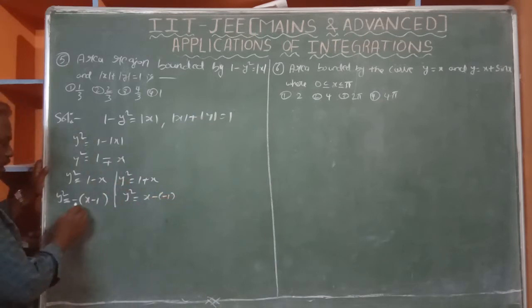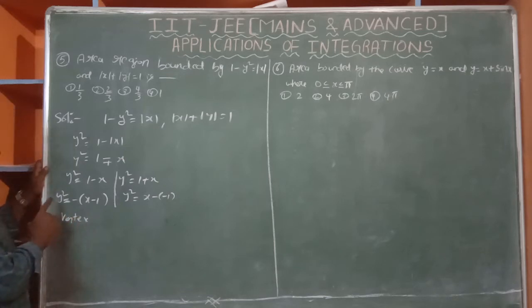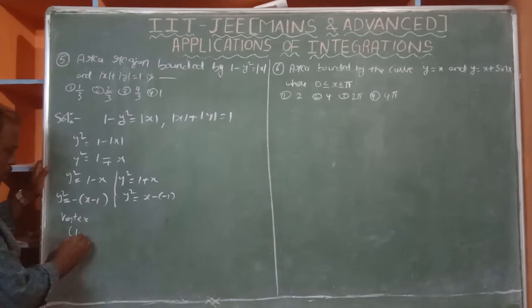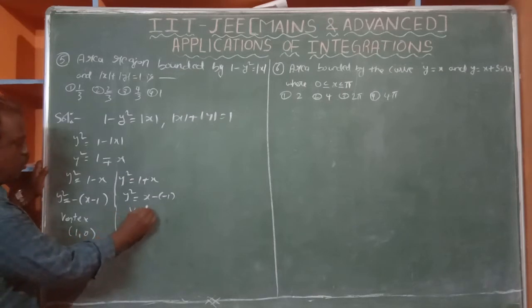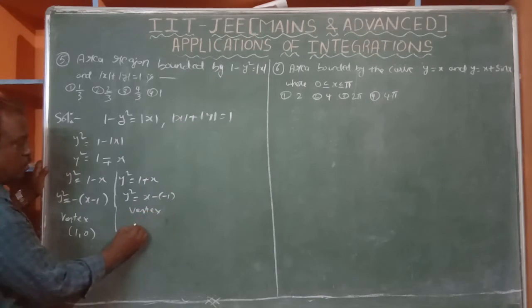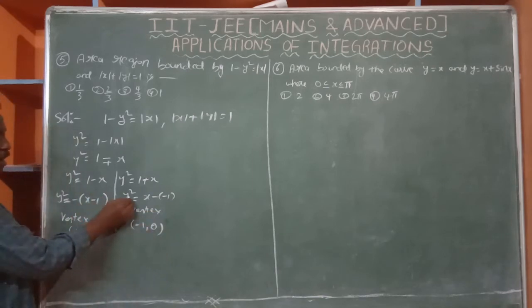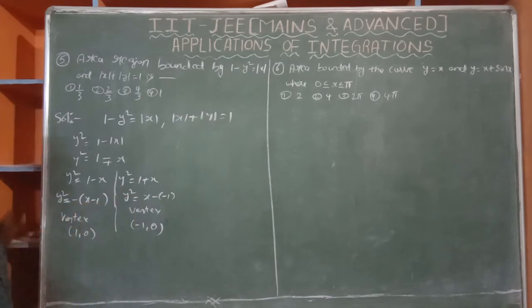It is a parabola, y square is equal to 4ax, or y minus k whole square is equal to 4a of x minus h. Here the vertex is 1 comma 0, whereas here the vertex is minus 1 comma 0. A lot of concept is inside it, try to understand.